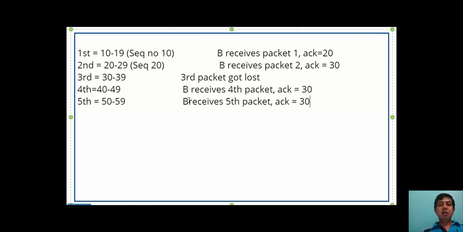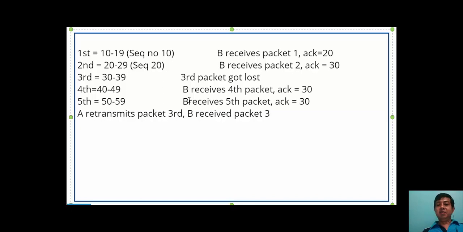Now, say after some time, a timeout occurred for the third packet, and A retransmits the third packet, and after some time, say B receives packet 3. Clear? It was expecting packet number 3.